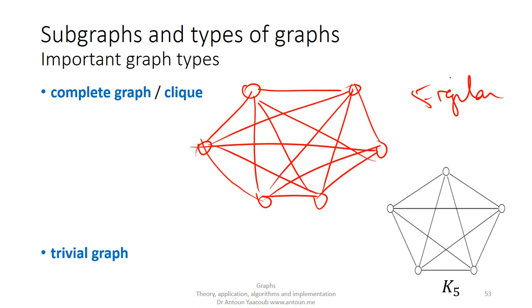So graph Kn is the unique connected n minus 1 regular graph on n vertices. K1 means 1 vertex. We call it a trivial graph, and it's complete, even though it's 0-regular.